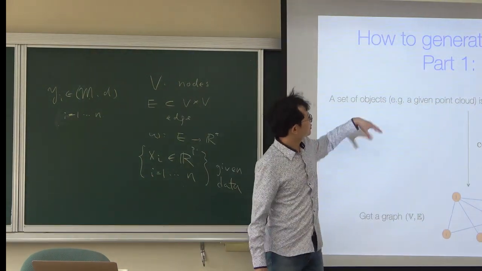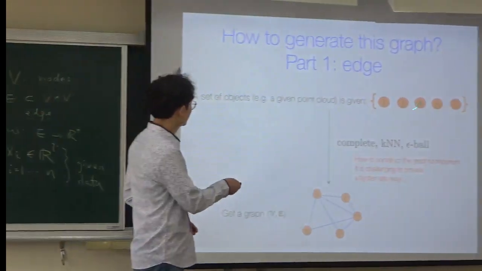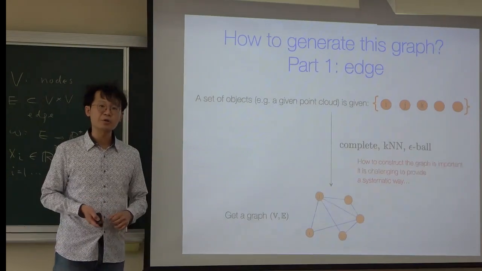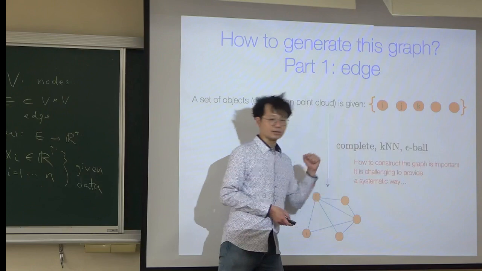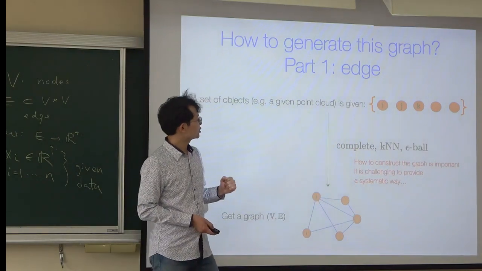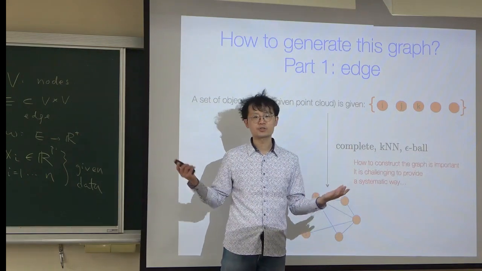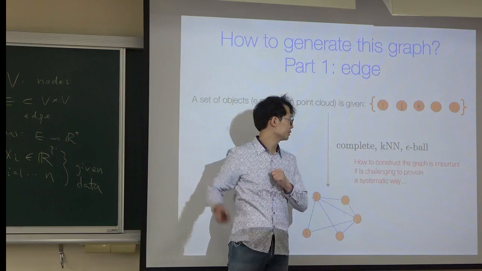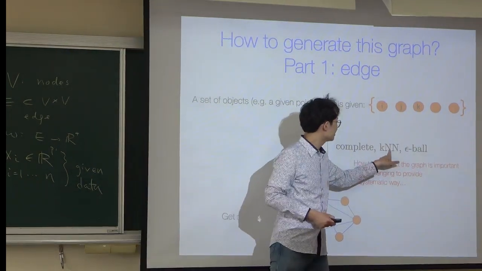To build up a graph or affinity graph from those n points, usually the first step is you try to find neighbors and then connect the neighbors. And how do you determine the neighbors? You can just say, I don't want to determine neighbors, I just use everything. So it's a complete graph: you connect every pair of points. Or you can use K nearest neighbors.